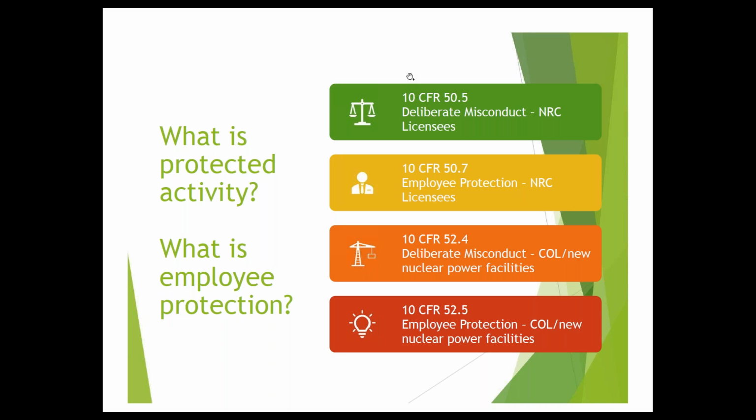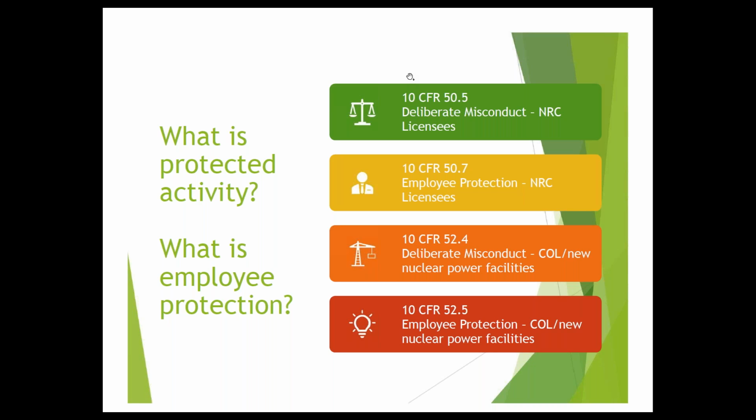10 CFR 52.4 outlines deliberate misconduct for new nuclear power facilities operating under a combined operating construction license. 10 CFR 52.5 outlines the employee protection provisions for those same facilities.